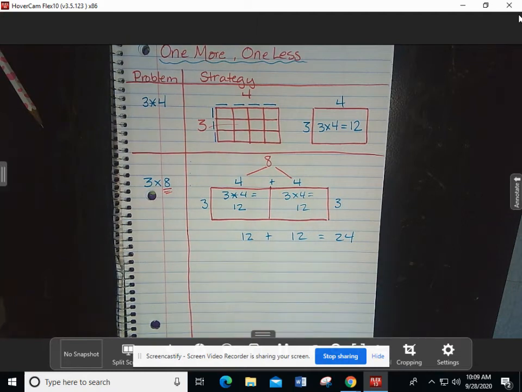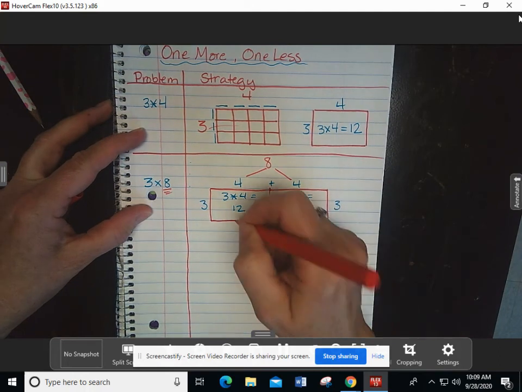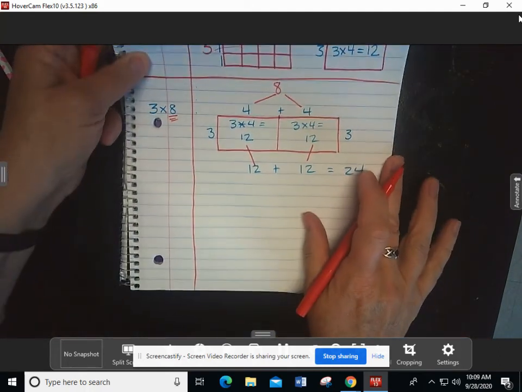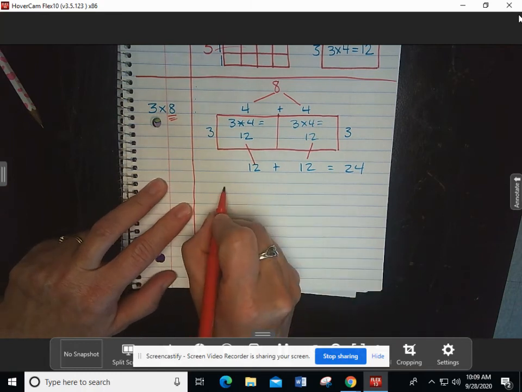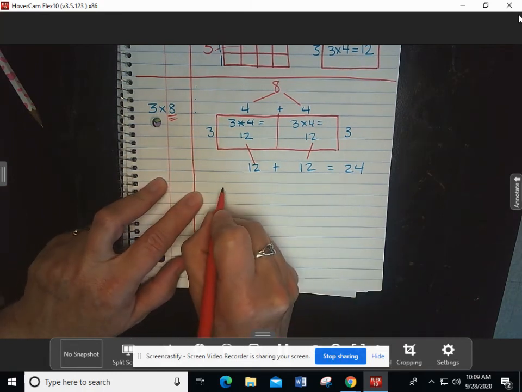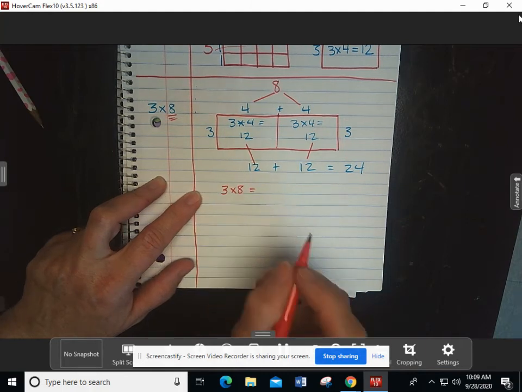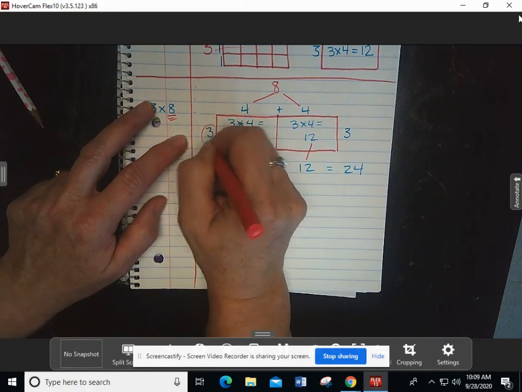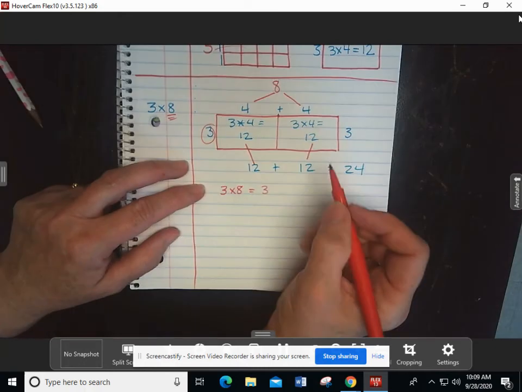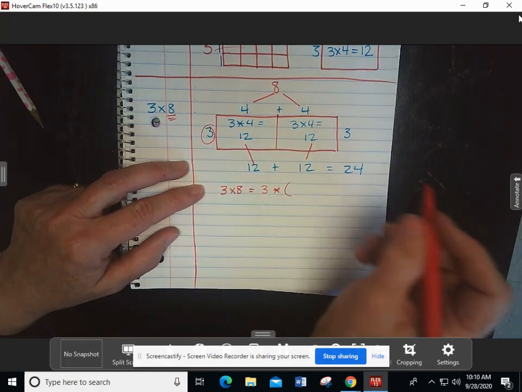So now we're going to get down on the bottom here. I'm going to draw some arrows so we know where those numbers come from. And this is what you actually just did. You thought of this. You saw 3 times 8, which also can mean 3 times this. Now here's a thought that we're having.